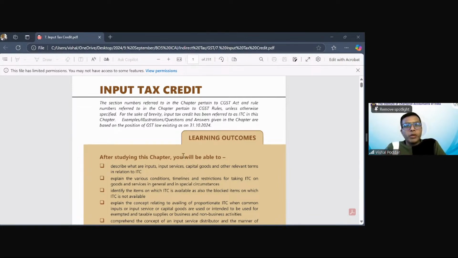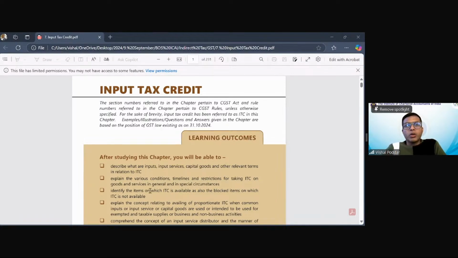The topic that we are going to start today is one of the most crucial topics from the perspective of GST law, GST practice, and also your exams.